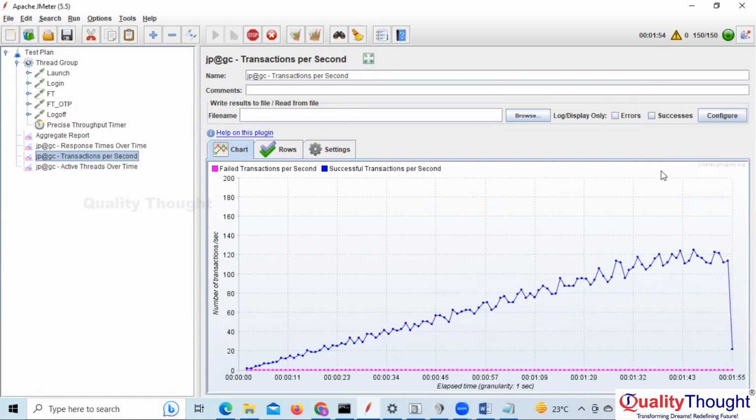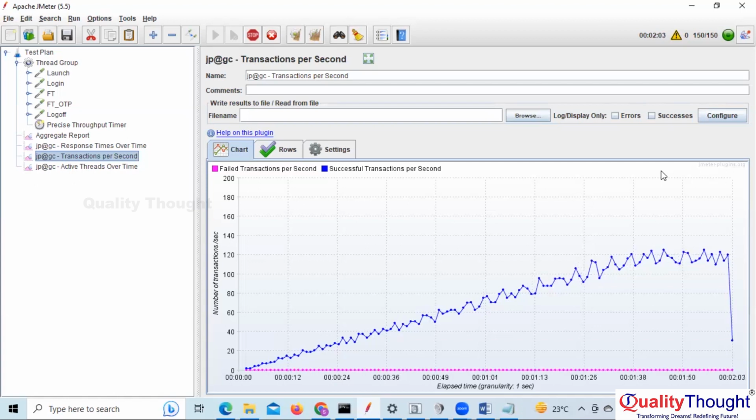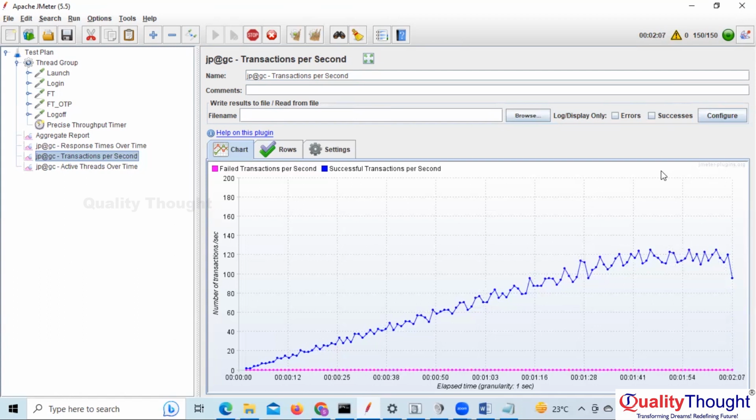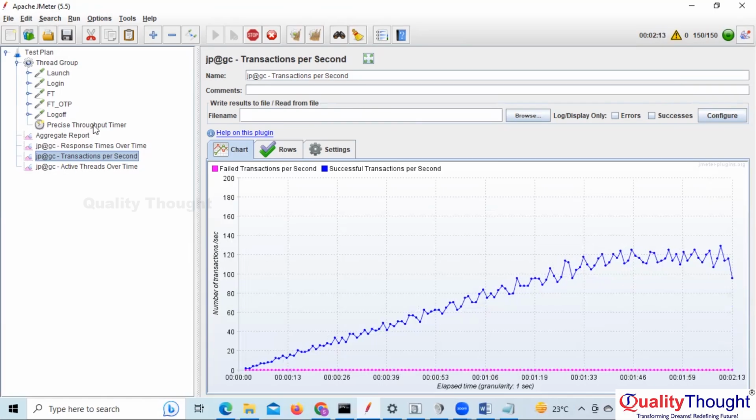So we achieved the target, right? Which is 100. We are at 120 TPS. It will drop a bit. It will maintain at 100. Okay, so this is how you need to achieve. This is how you need to calculate using Little's law.